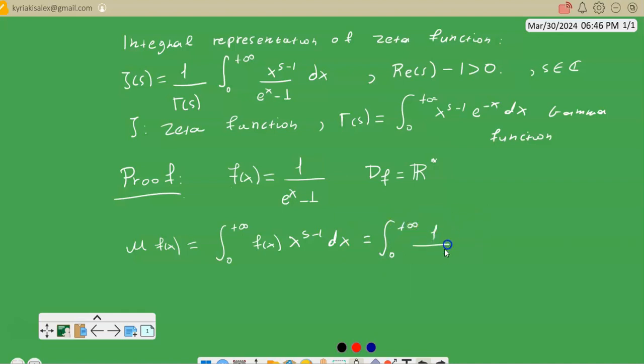So it's 1 divided by e to the power of x minus 1, I substitute my function here inside the integral, and I also have this kernel, x to the power of s minus 1 dx.